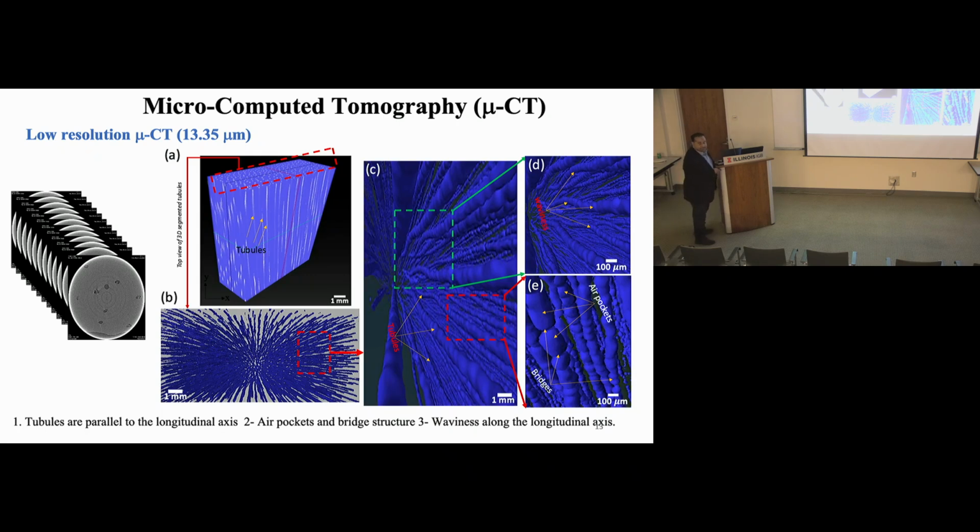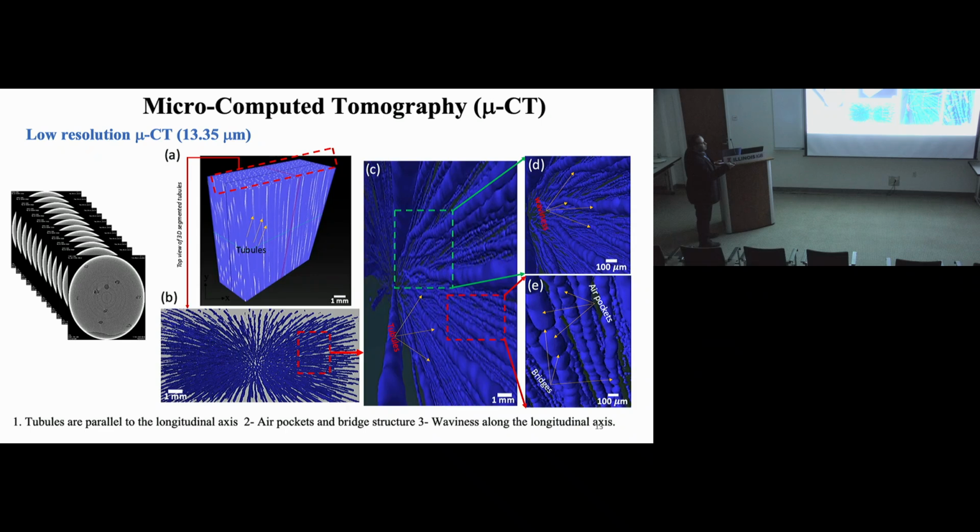I don't know if you guys can see it very well, or we can close the light. Can you guys see? Now I think it's way better. As you can see here, the tubules are parallel to one another. And then at the top here, you can see a little waviness.